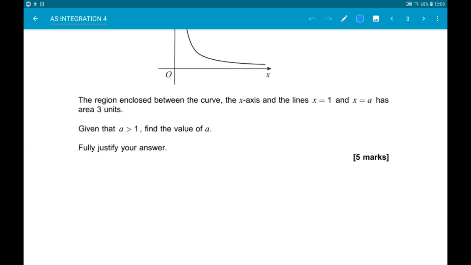So we want to integrate 2x to the minus 3 halves with respect to x. And we are doing it between 1 and a. Now we also know that is equal to 3.